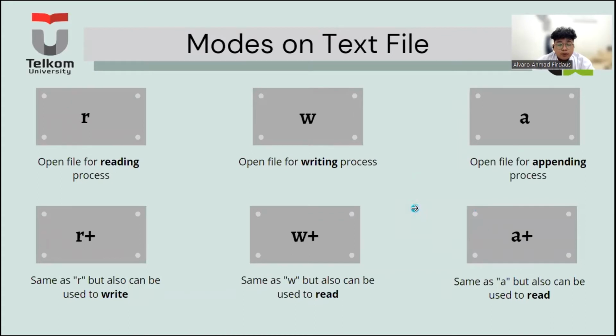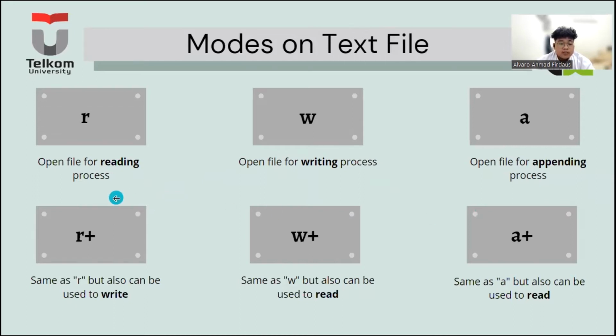There are a few modes on the text file. The first one is r. r is for opening the file for the reading process, and then w is for opening the file for the writing process, and then a is for opening the file for the appending process. And then there are three more with the plus sign.